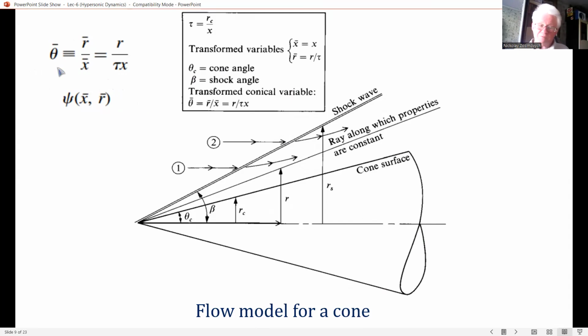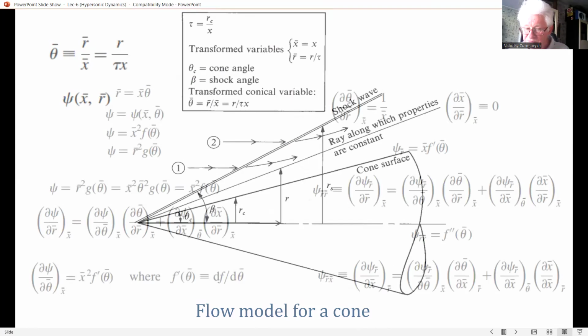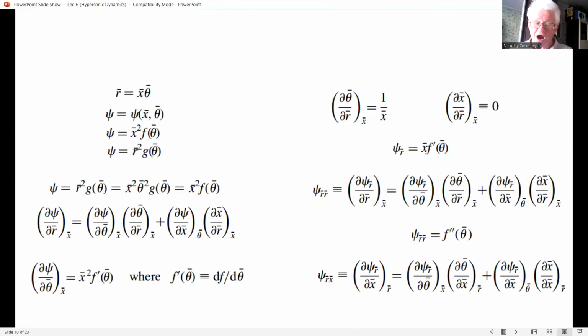A proper form for psi applicable to conical flow. An intuitive justification for our last equation can be obtained from the previous figure.